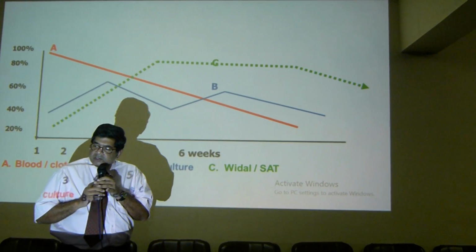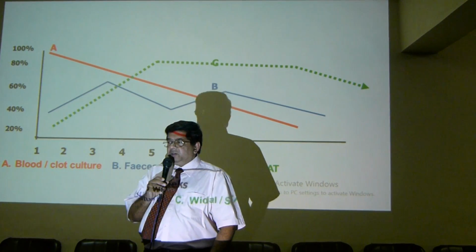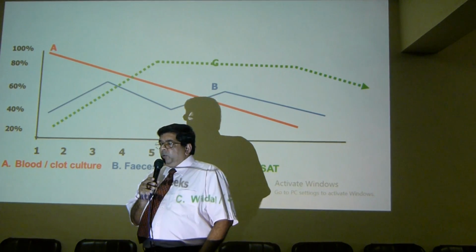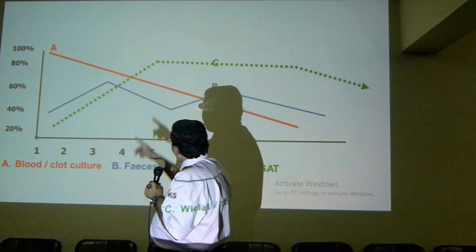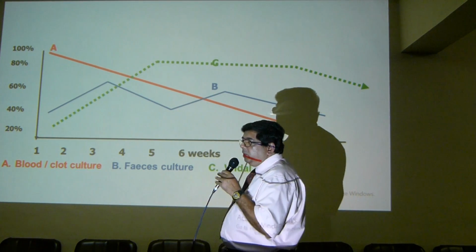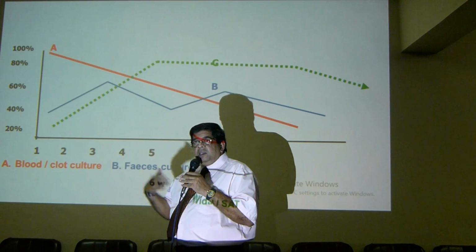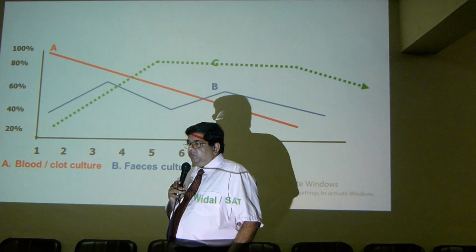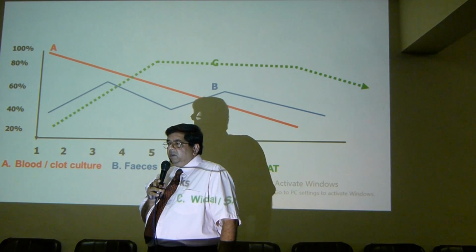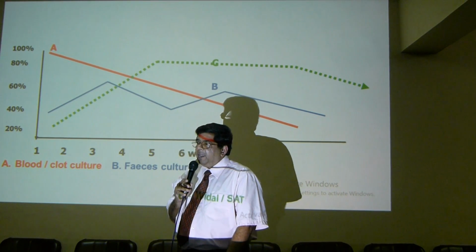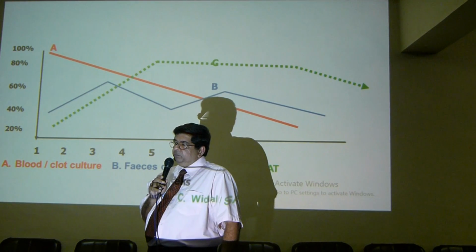So blood cultures, as I have shown in this graph, would be positive in the first week of infection, and that is coming down with the time of fever. First week the best time, second week still good, but third week urine is superior and stools are superior.